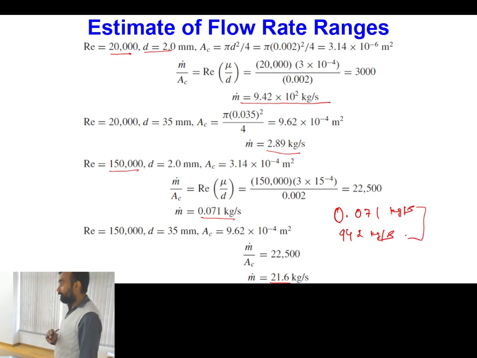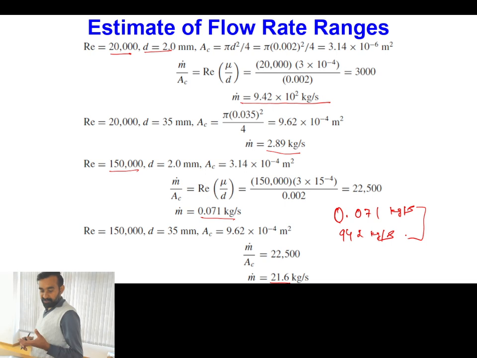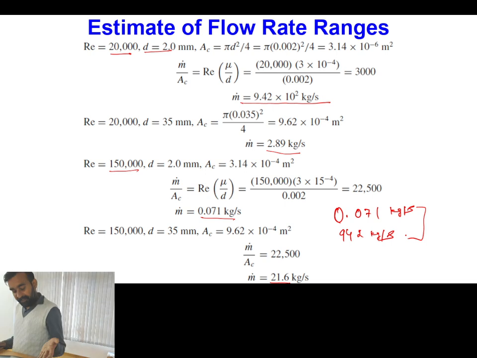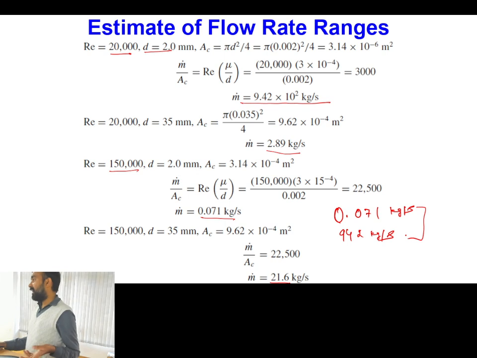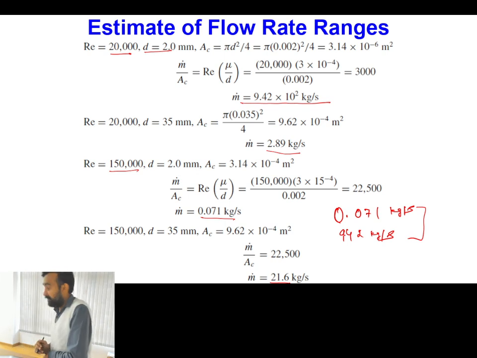So it means that in your experimental system, if you have to test all the pipe diameters, then the range of flow rate which you are getting, that is excessively high. If you see, the order of this quantity is close to 10 to power minus 2, and order of this quantity is close to 10 to power 3.